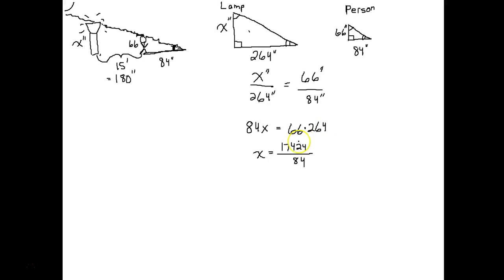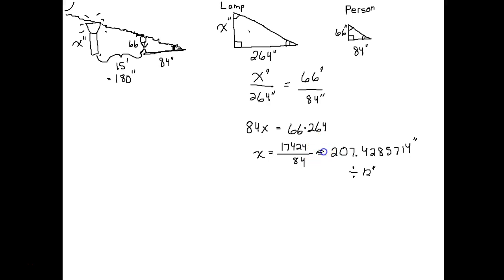Multiply 66 and 264, you get 17,424. Then divide both sides by 84. And you get this long decimal. And that's inches. And then divide by 12 inches.